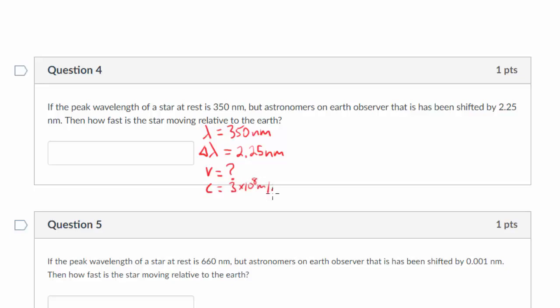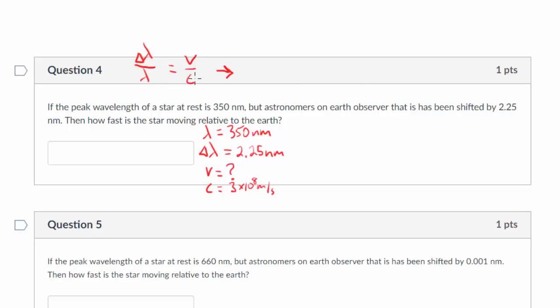So it looks to me like we need to do a little algebra and solve for velocity instead. Now remember, the equation we were given on our equation sheet is delta lambda over lambda equals v over c. Well, we need to rearrange this equation to get velocity by itself.